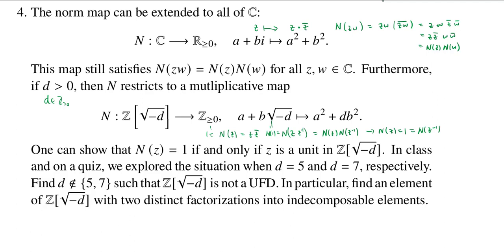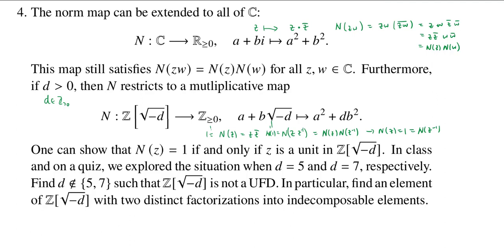In class and on a quiz, we explored the situation where d equals 5 and d equals 7. In class we looked at d equals 1 and d equals 5, but on the first quiz, we had these so-called Glesser integers, where d was equal to 7. And we showed that we didn't have a UFD. You could have elements that had multiple factorizations into indecomposable elements.